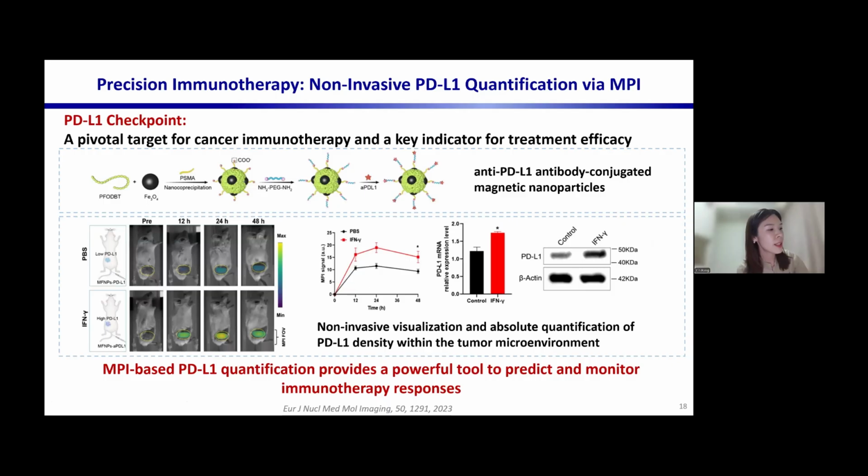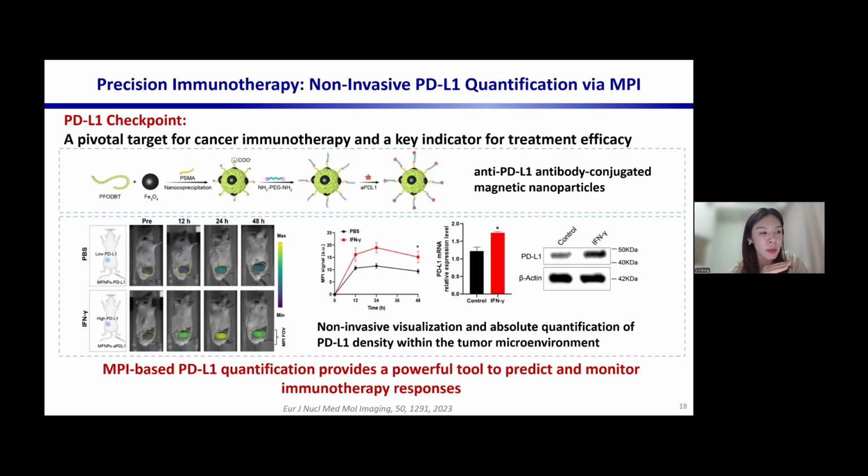So first, let's look at our work in oncology. In tumor tissues, vascular permeability is significantly increased, causing magnetic particles to leak out and accumulate in the tumor. This phenomenon is widely known as the EPR effect, or enhanced permeability and retention effect.